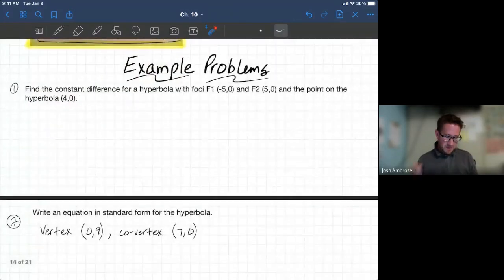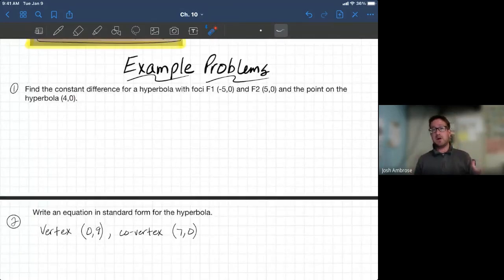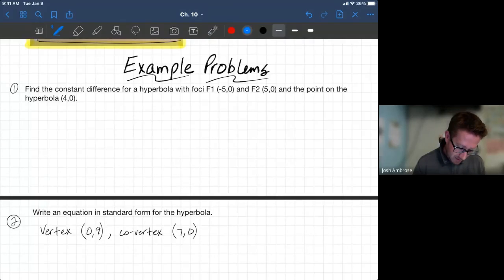The first one, finding the constant difference. Remember, it's all about the distance equation, and we are dealing with a point for the hyperbola at 4, 0.